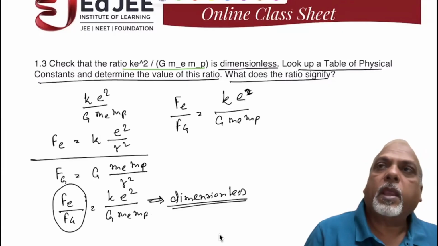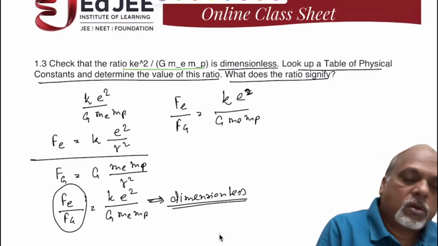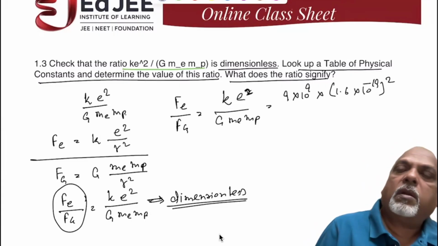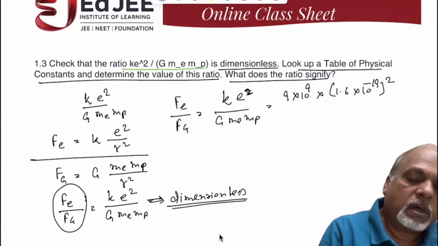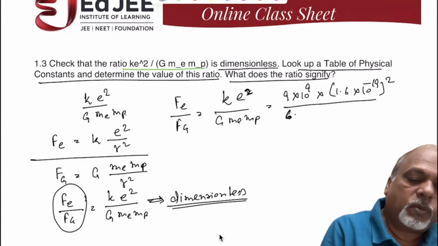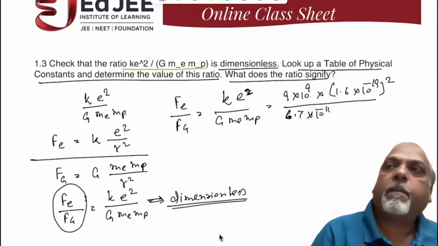Correct. You know K value, 9 into 10 raised to 9 into 1.6 into 10 raised to minus 19 is the charge on electron and proton. Then you know G value also, 6.7 into 10 raised to minus 11.